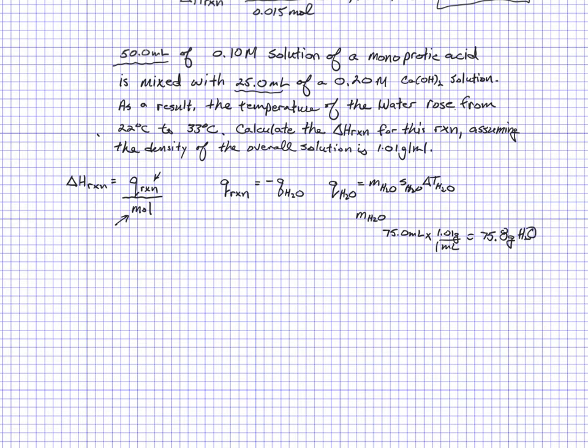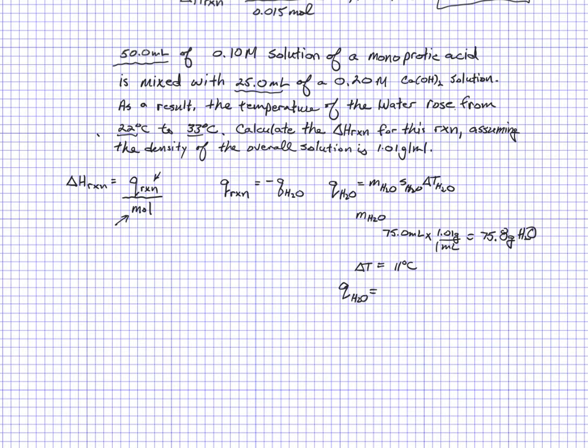We know the specific heat of water because we can look it up in a table, and we know that the change in temperature of the water was from 22 to 33 degrees. So that's going to be equal to an 11 degrees Celsius change. So we can calculate now how much heat the water absorbed.